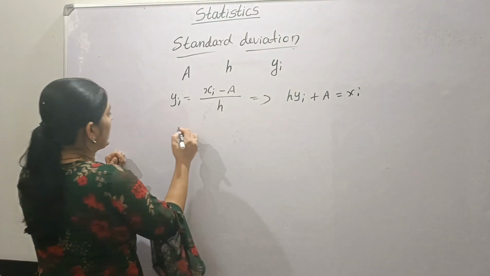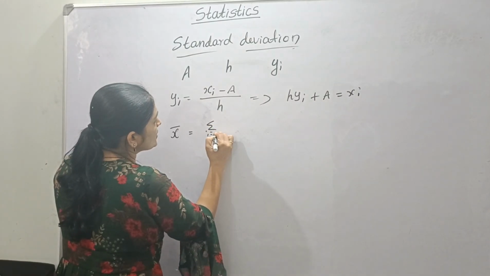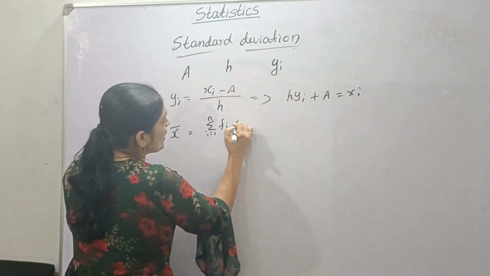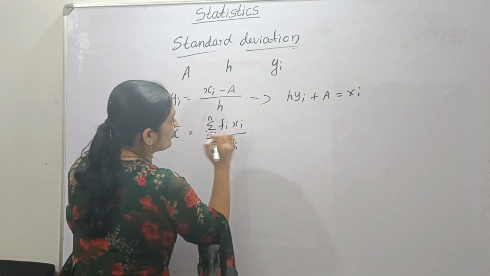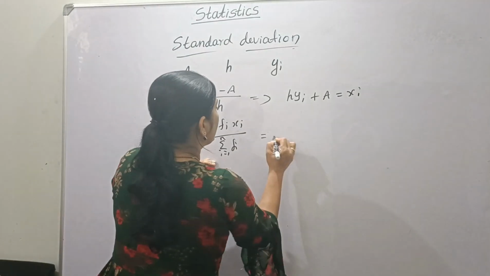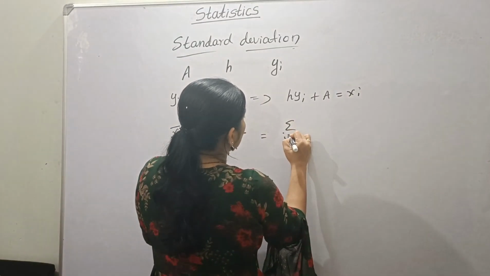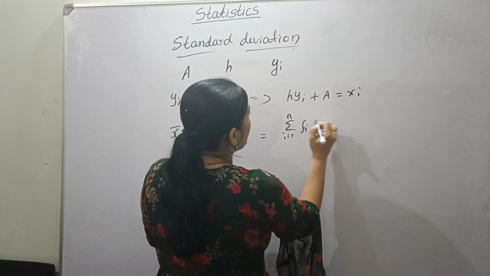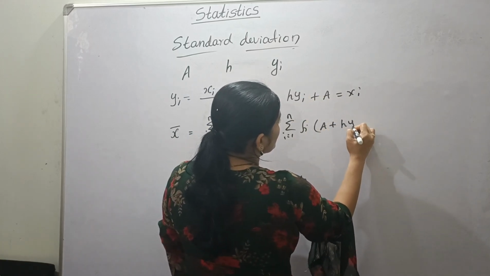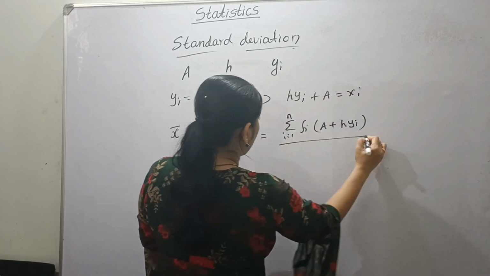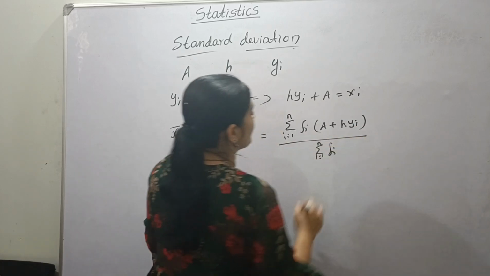So what is the mean? X bar is equal to, we know that, sigma i equal to 1 to n Fi Xi divided by sigma i equal to 1 to n Fi, right? So here let us substitute what Xi is. Sigma i equal to 1 to n Fi into a plus h into yi divided by sigma i equal to 1 to n Fi.